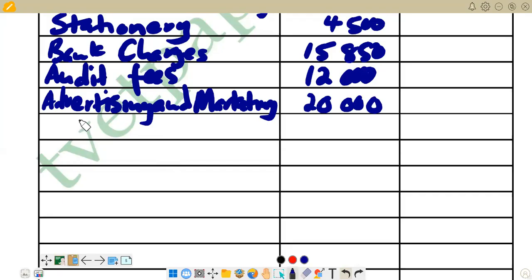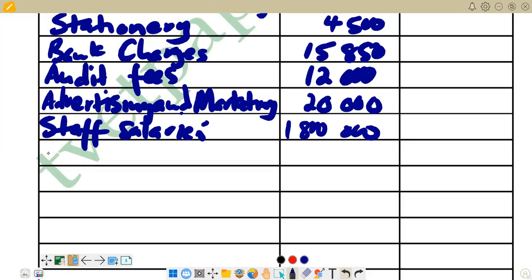So here we are saying staff salaries. Staff salaries, we've got 1,800,000. And then we have got our staff training. Staff training, we have 120,000.